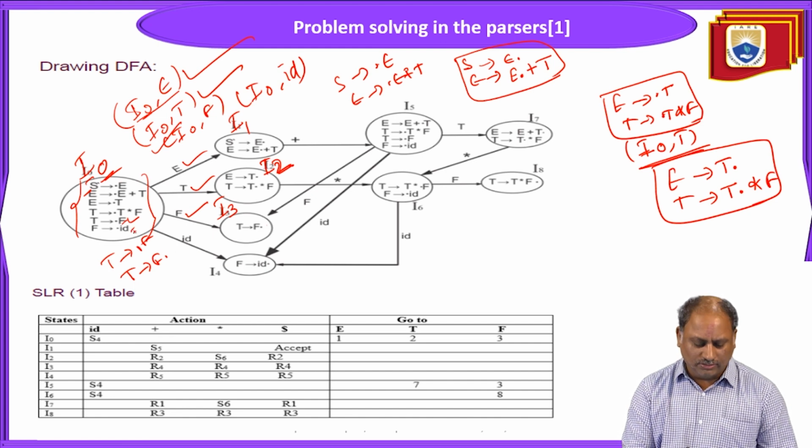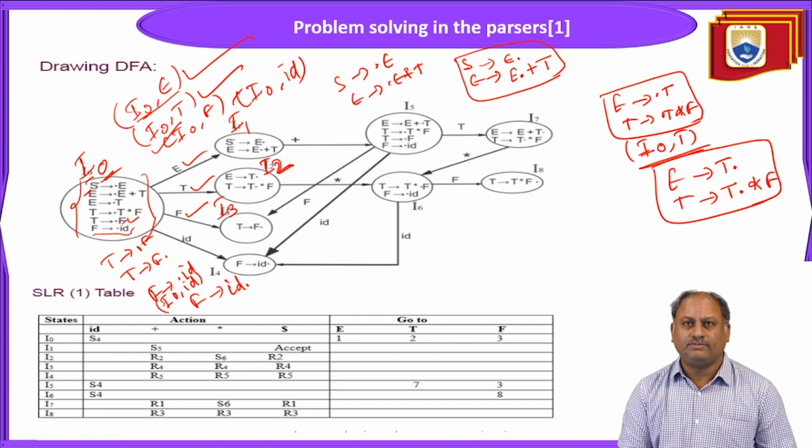List the right hand side, only one production, F derives dot id. So that is to be computed with F derives dot id with I0 comma small id. And then it derives a new production, that is F derives id dot. That is the production which is available, that is I4.